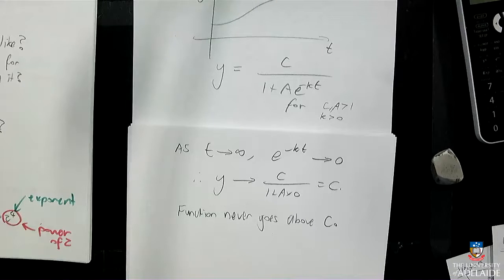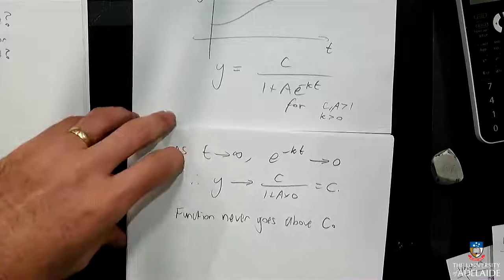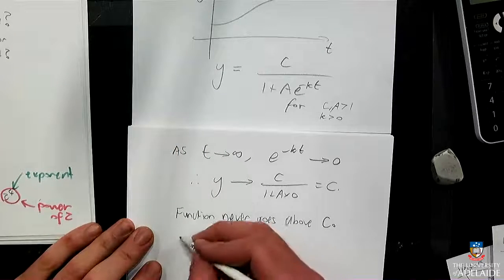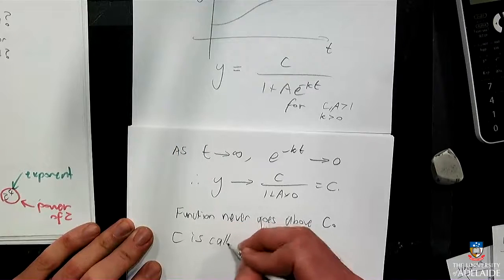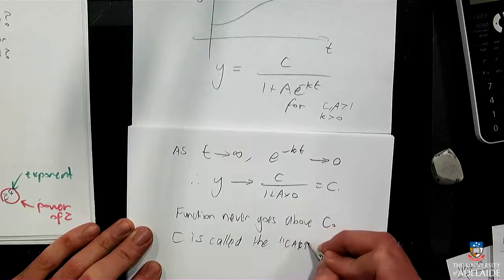C has to be more than C over 1 plus A, which it must be. C is called the carrying capacity.